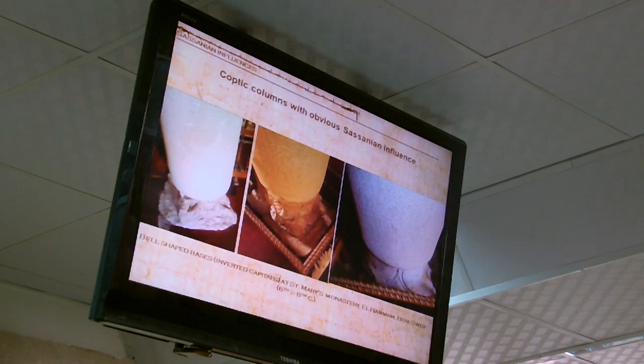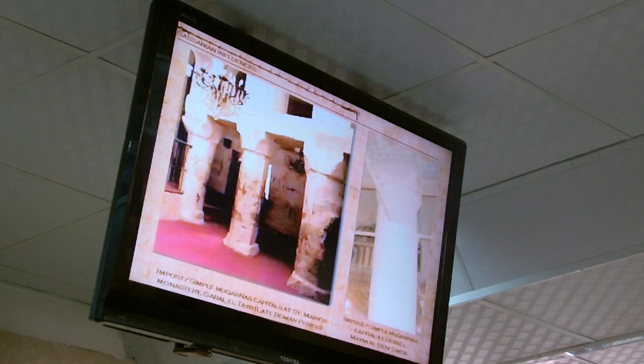Now we have some Coptic columns with obvious Sasanian influence. These three exist in Fayoum at Deir al-Malak and show the inverted capital base. Then we can see the impost or simple muqarnas capital at St. Mary's Monastery, Jabal al-Tayr.